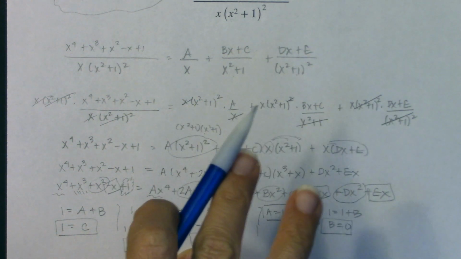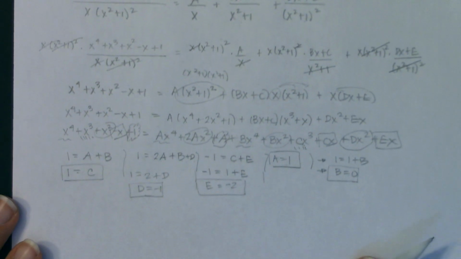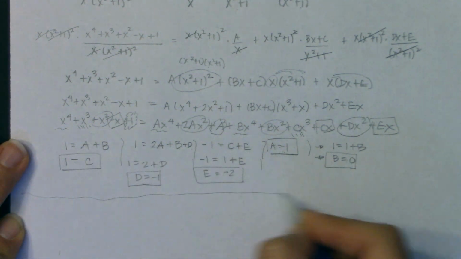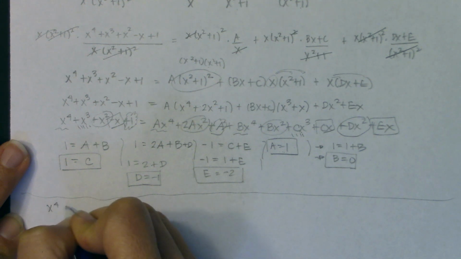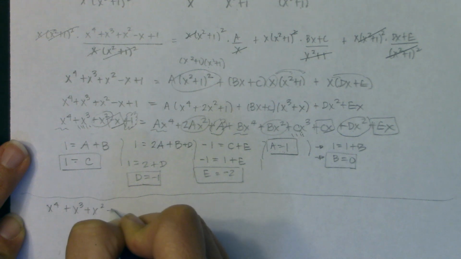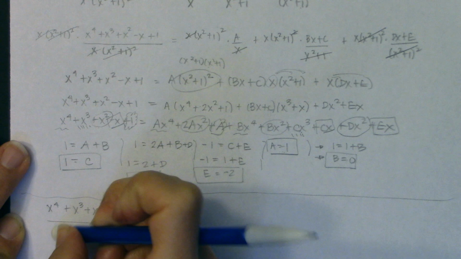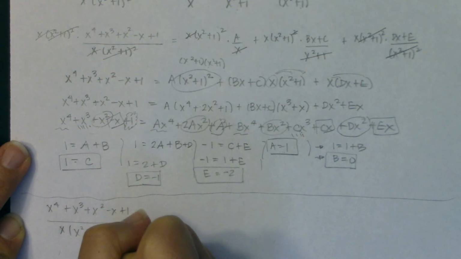So I'm going to scooch this up and then write all of that out. Let me move this up so we can see this. I'll put some separation here. My original fraction was x to the fourth plus x cubed plus x squared minus x plus 1 over x times x squared plus 1 squared.